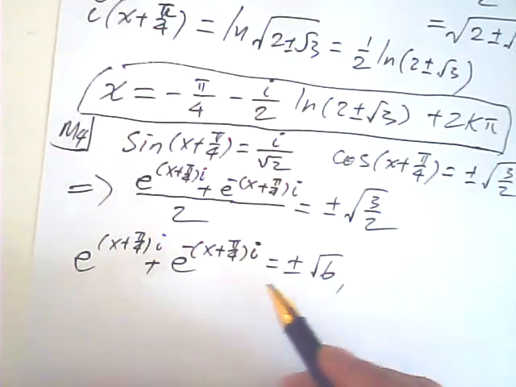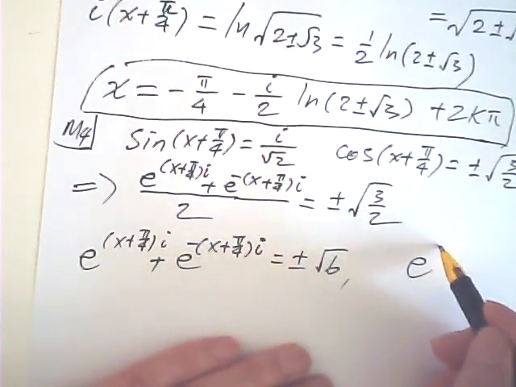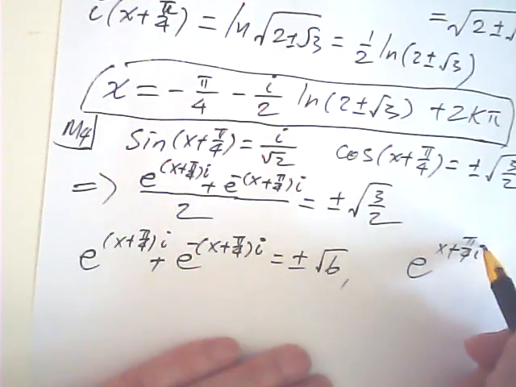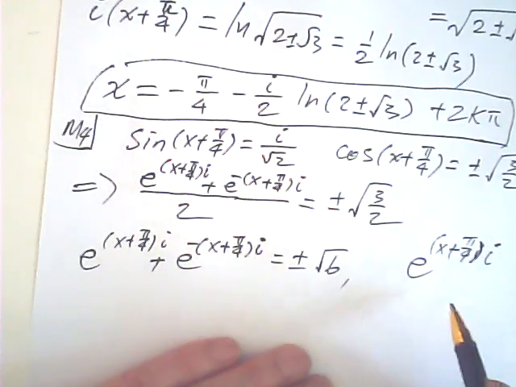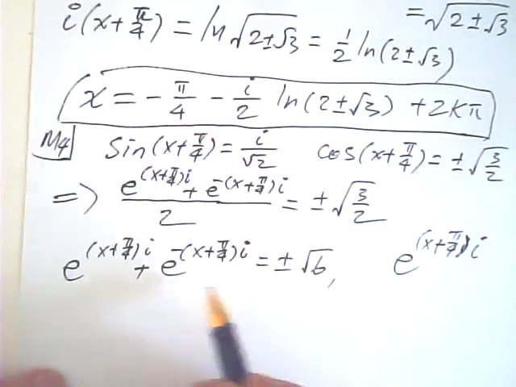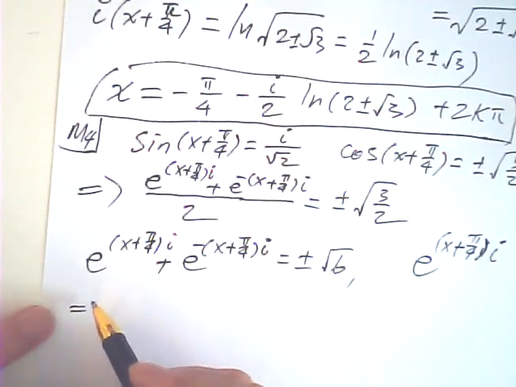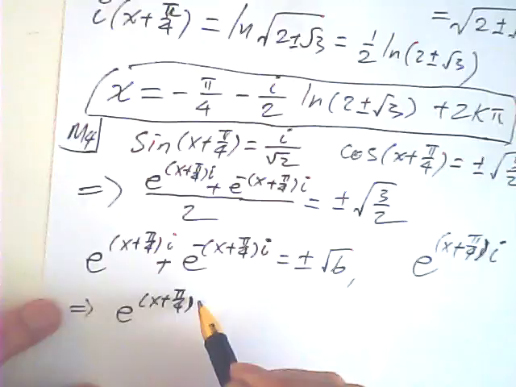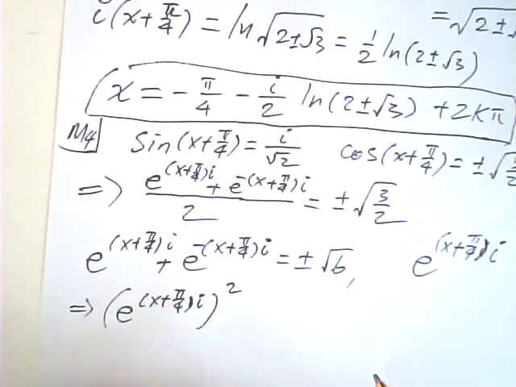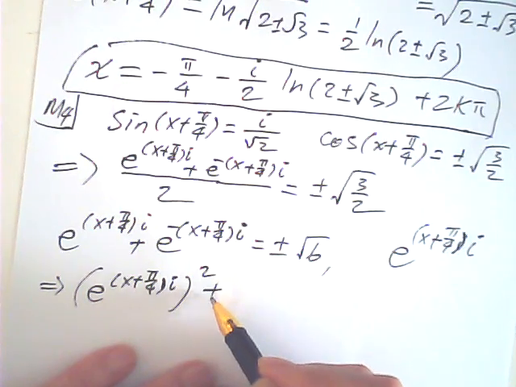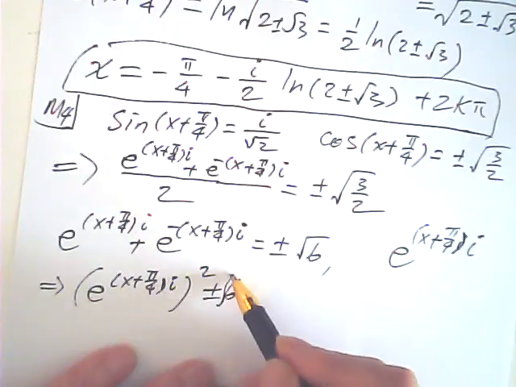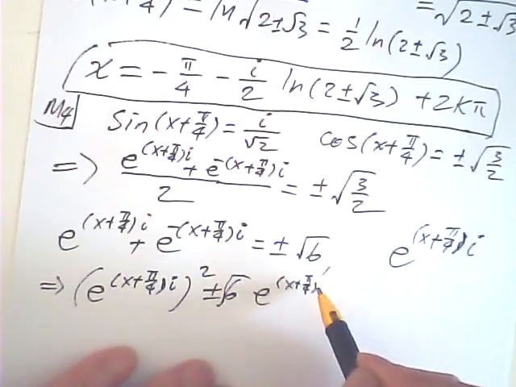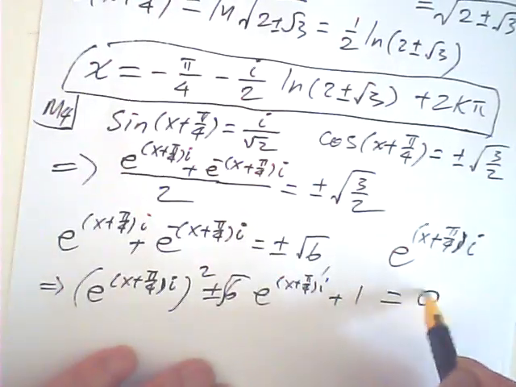I multiply both sides by e to the x plus quarter pi i. I multiply this to both sides, so I get e to the x plus quarter pi i, squared, plus or minus root 6 e to the x plus quarter pi i, plus 1 equal to 0. Yeah, good.